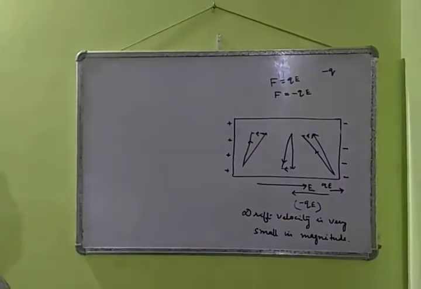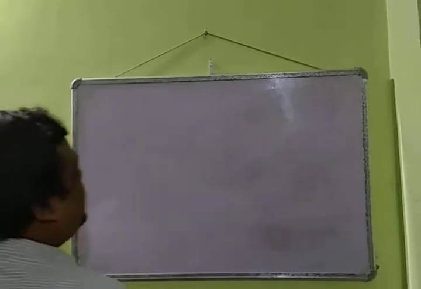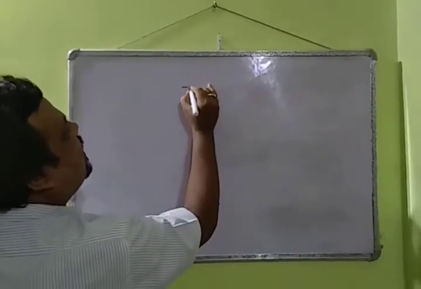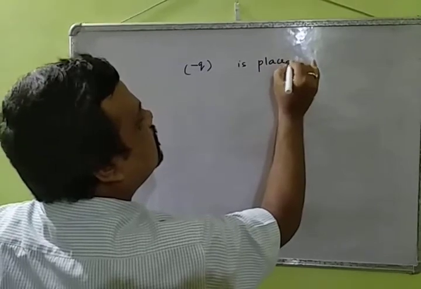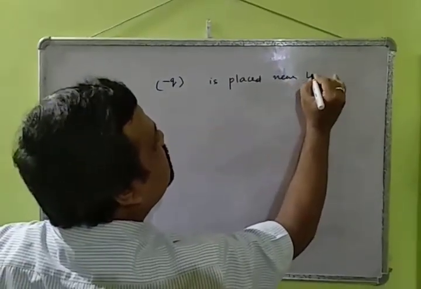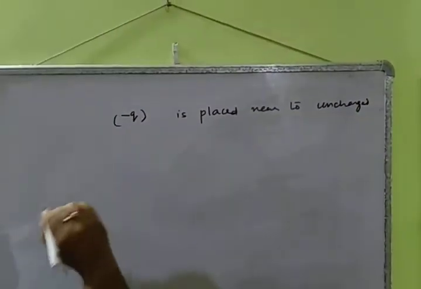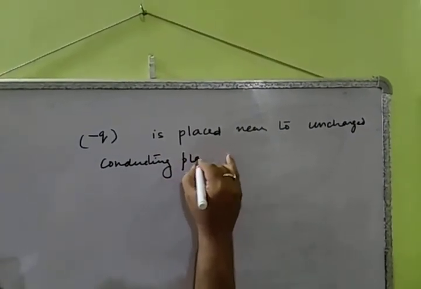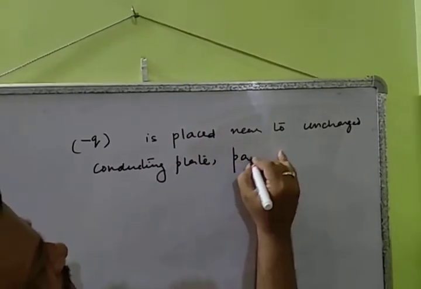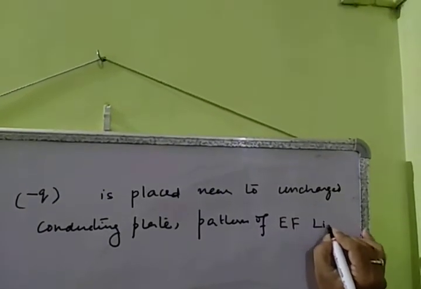Sometimes a question is asked. Next question, a very important, very conceptual question: if a point charge of minus q is placed near an uncharged conducting plate, what is the pattern of electric field lines?